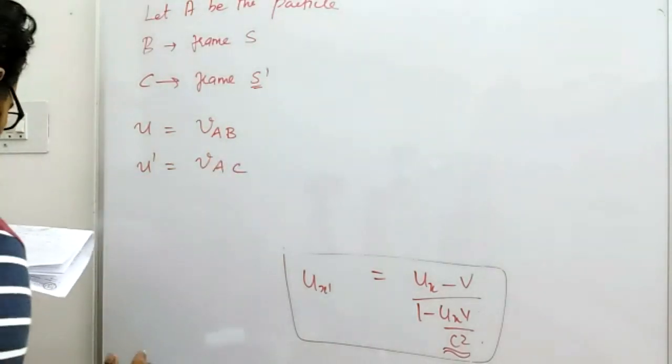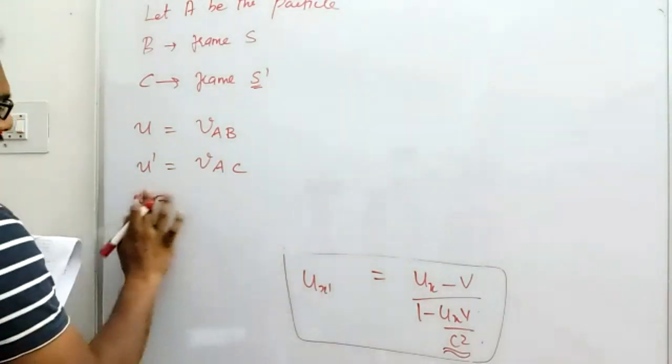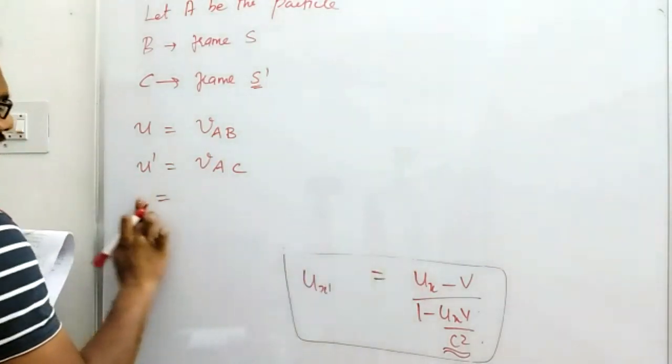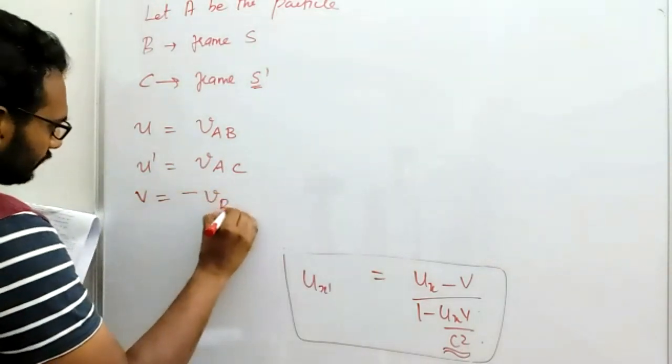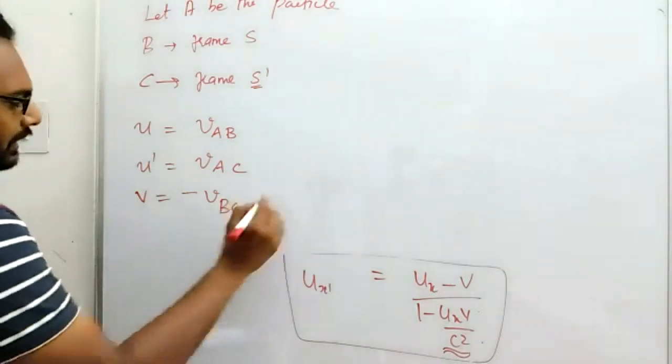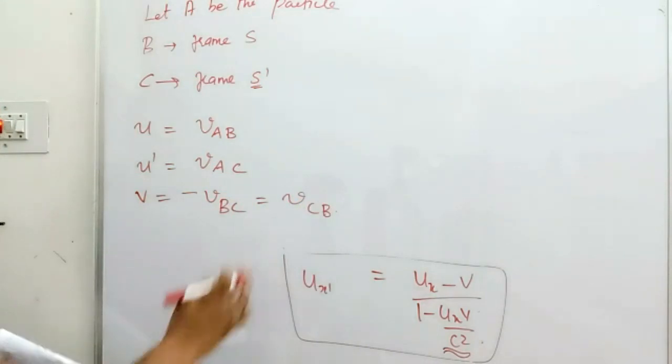And let's say the velocity V here is equal to minus VBC, which means this is equal to VCB. What does this mean?